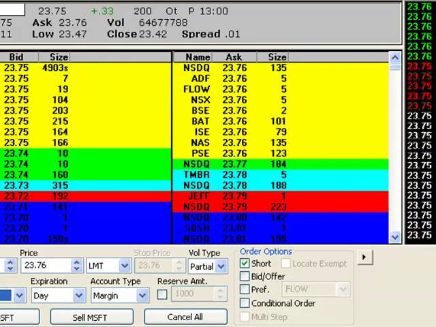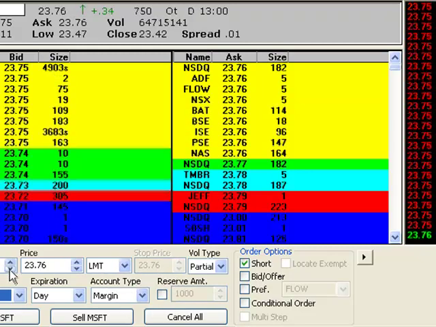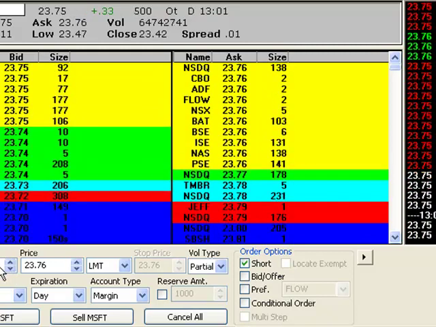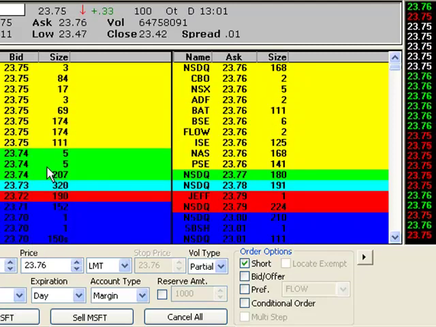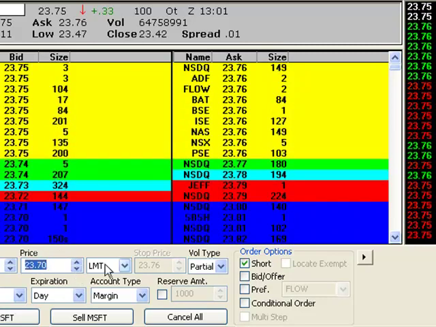Down here are the various things that I can control about the order. I have control over, of course, the size. I can click up and down and adjust accordingly, or I can just go in there and type in my amount, let's say 500 shares. And the price I can just set in there, and this is a limit order.